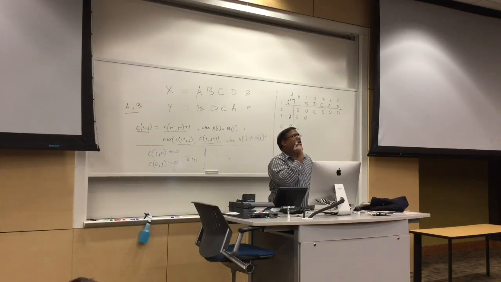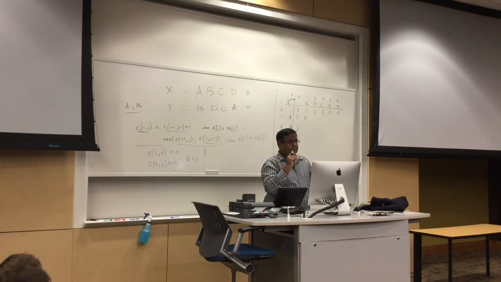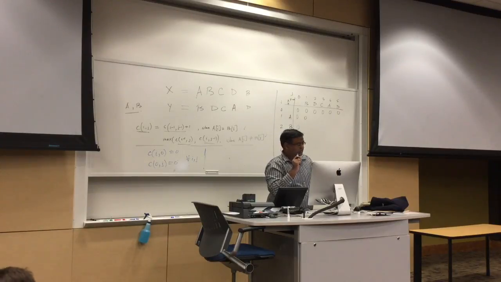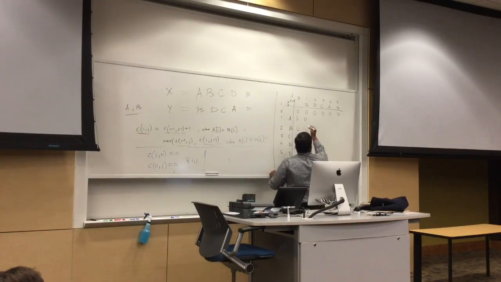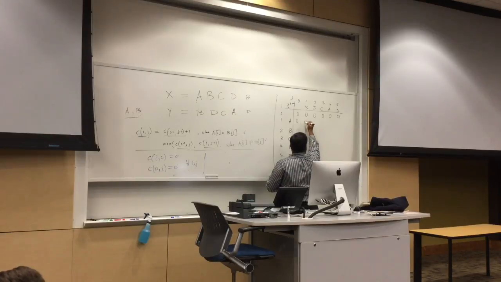At this point, I also have the luxury of knowing which value made an impact. So for example, if this was 1, what would this value be? 1. So it is actually this value that you got.